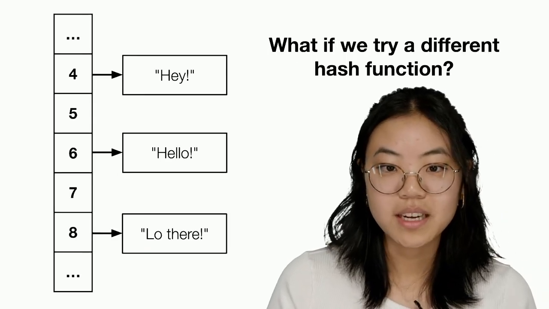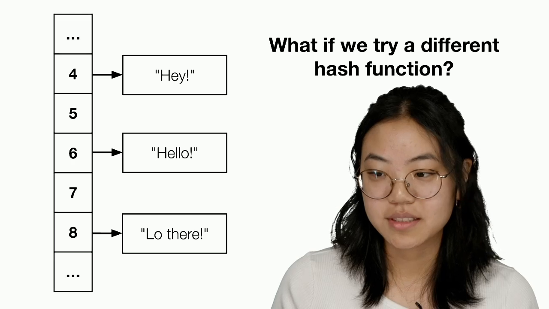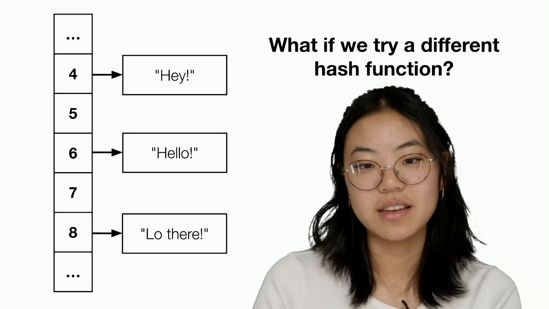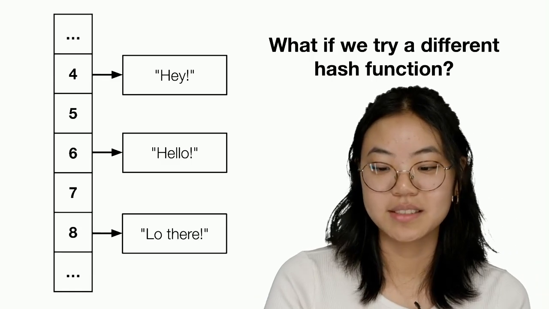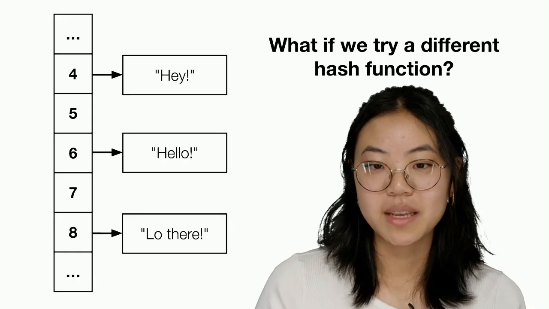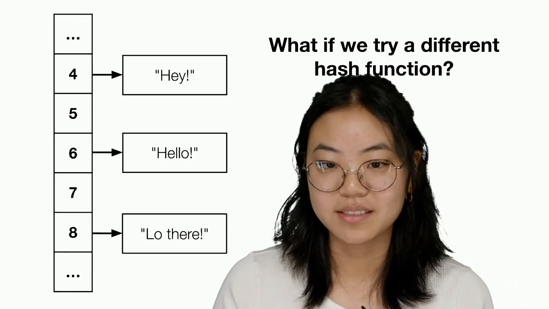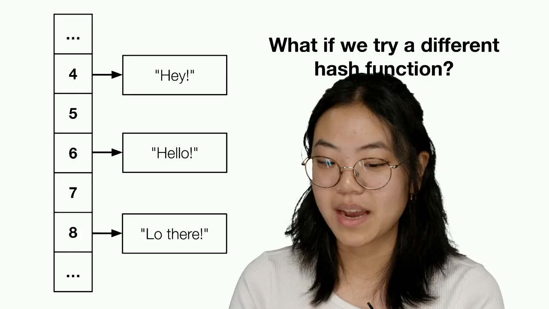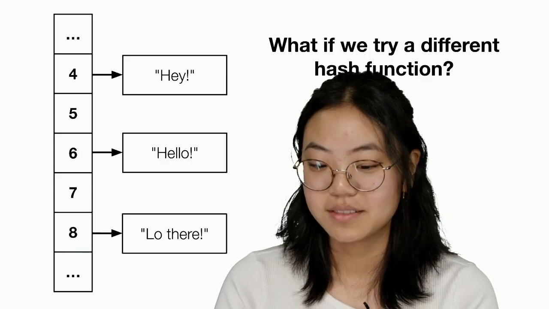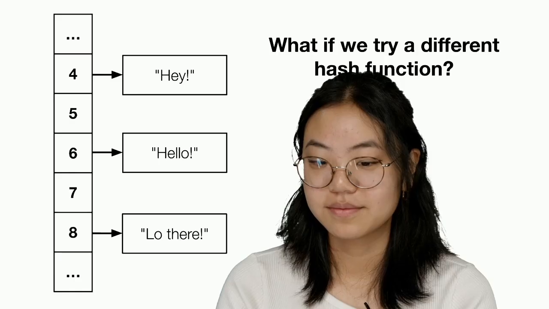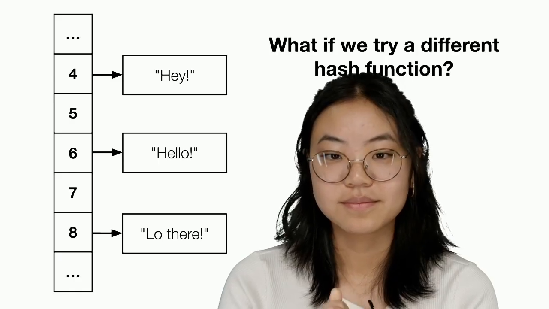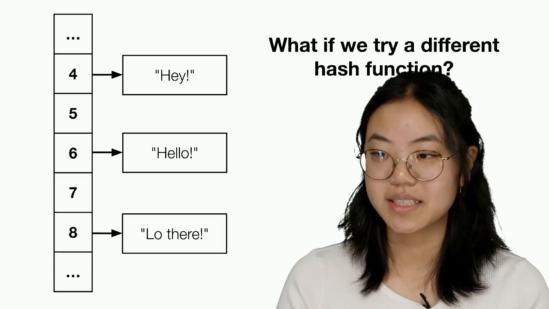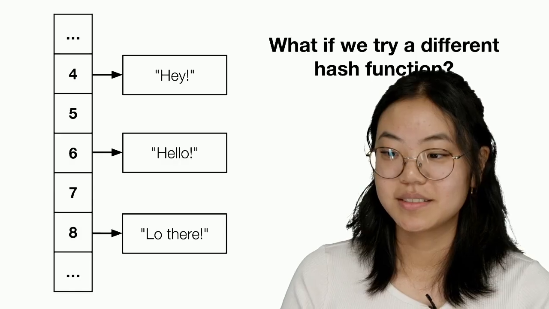So what if we tried a different hash function? So a different way of mapping our entries to buckets. So what might the mapping be in this case here? You can see the pattern. How are these 3 words mapped to buckets?